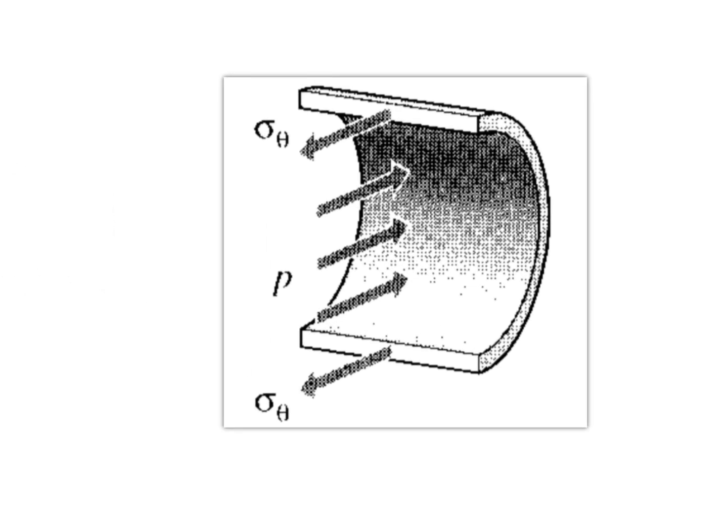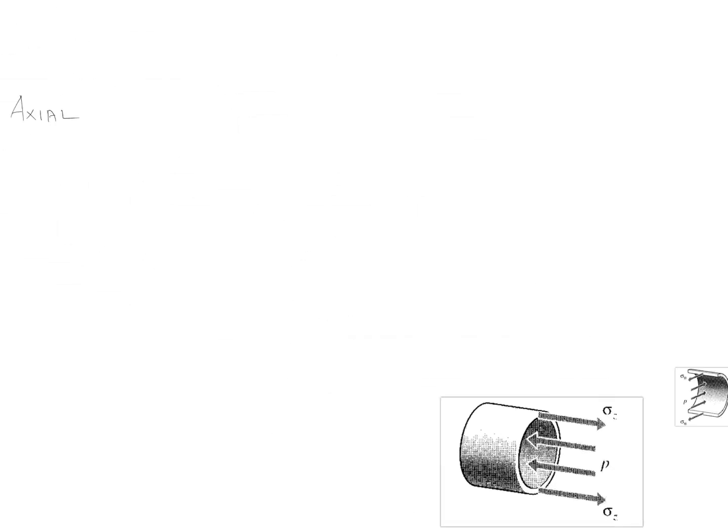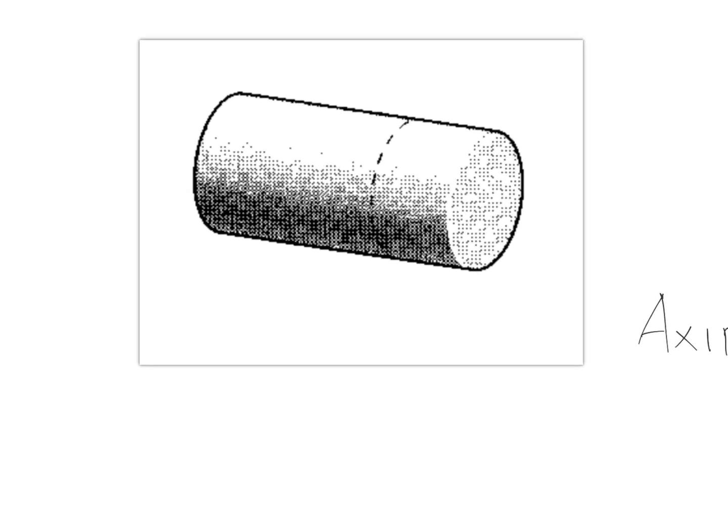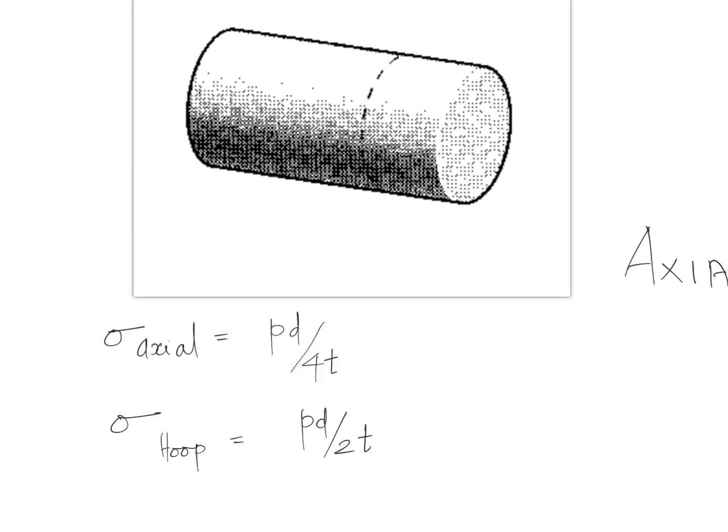I won't get into the very details of these things, but for the time being, for a pressure vessel of this kind, the equations for the axial stress and hoop stress are shown here. P is the internal pressure acting inside the pressure vessel, D is the diameter of the vessel, and t is the wall thickness.